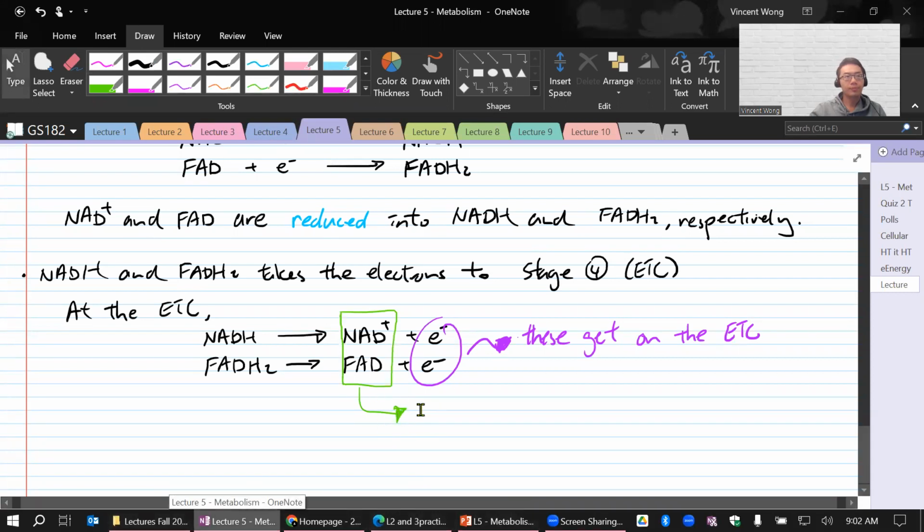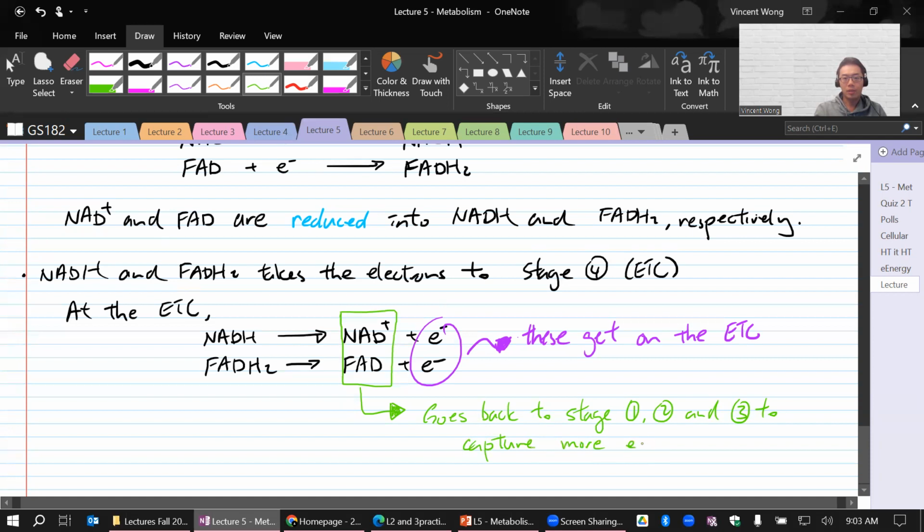They go back to stage 1, 2, and 3, to capture more electrons.